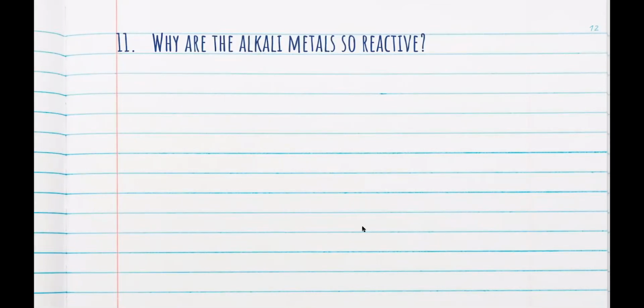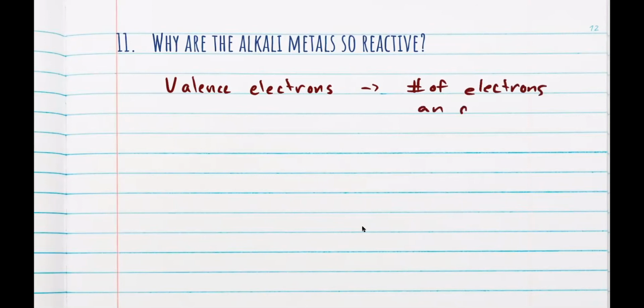For question 11, it asks, why are alkali metals so reactive? Well, on the topic of shells, there's this cool little thing called valence electrons. Valence electrons are just the number of electrons an atom has in the most outer shell.